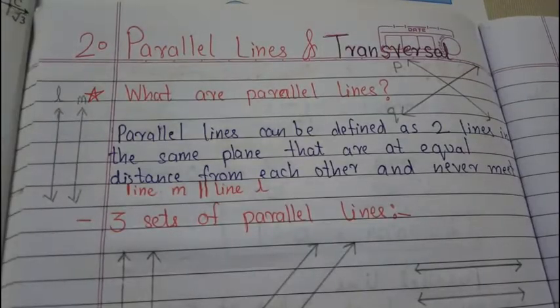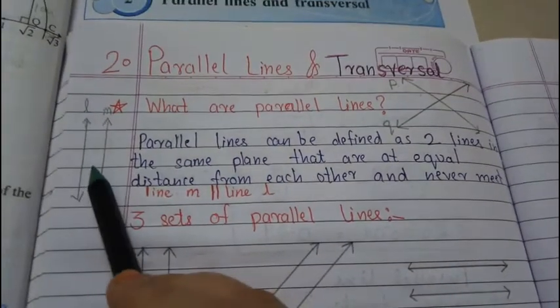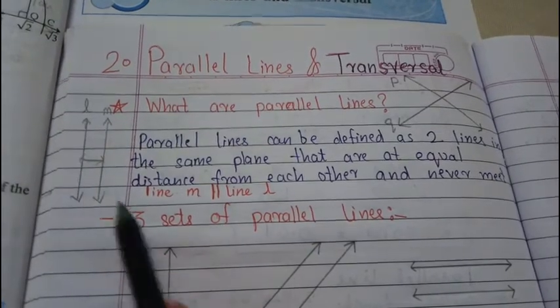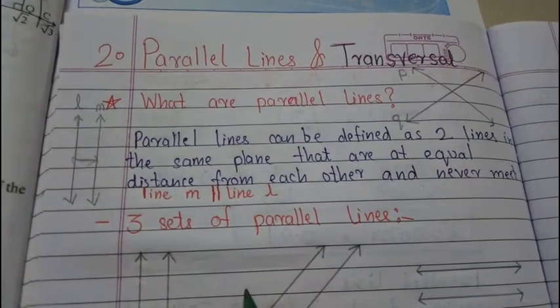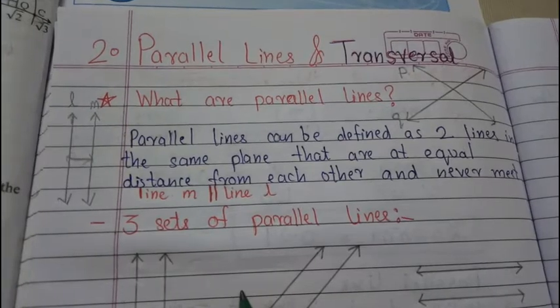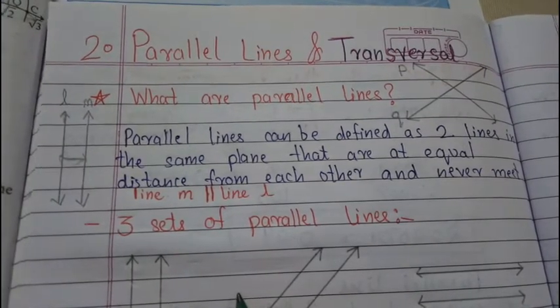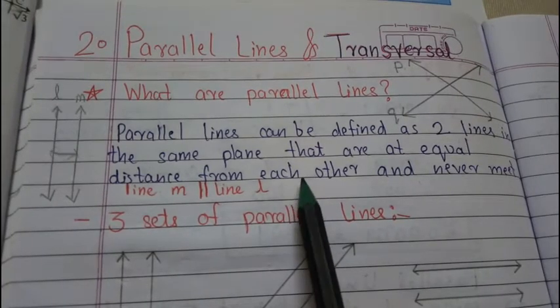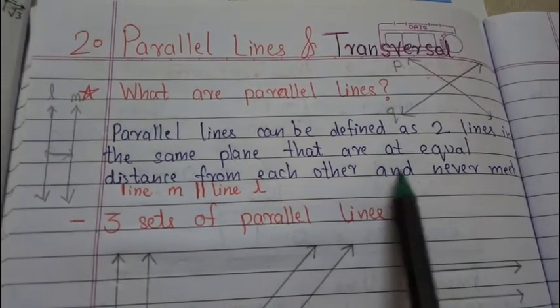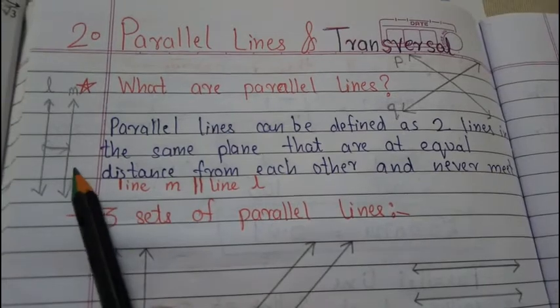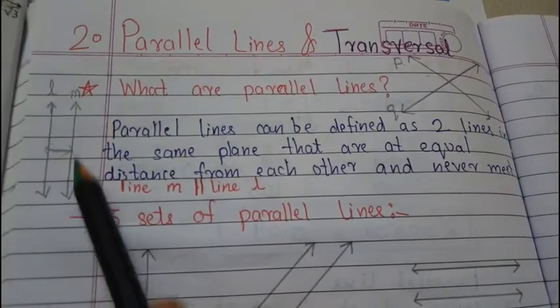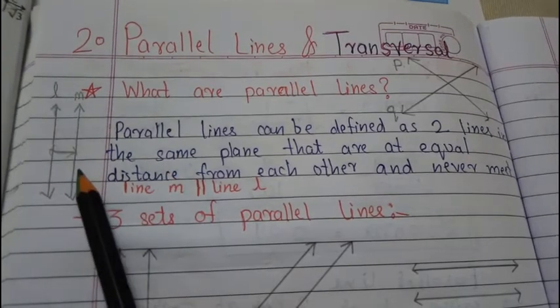Equal distance means the distance will be the same throughout the lines. These lines are equidistant from each other and never meet. They go in a straight path. So these are called parallel lines.